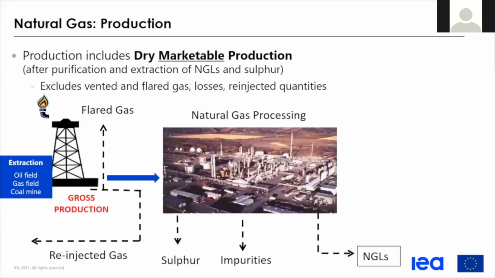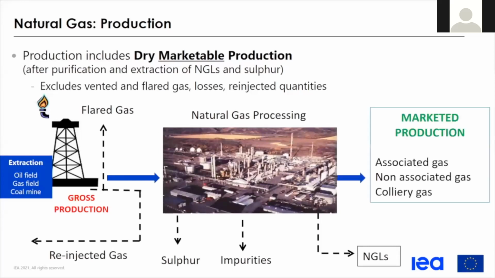Please refer to the previous part. And out of this processing, we will have the marketed production of associated gas, non-associated gas, and colliery gas, and this is the reported quantity on which we focus later on in our statistics.